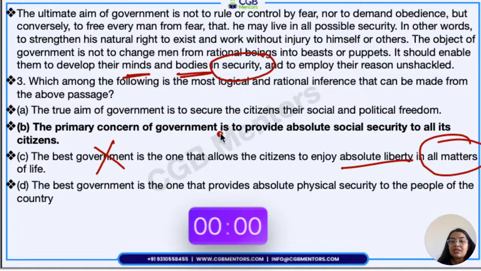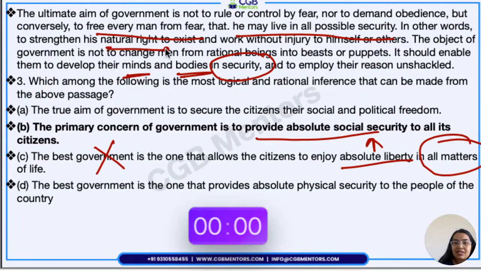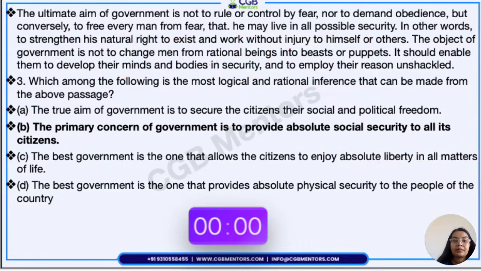The primary concern is to provide absolute social security that relates to mind and body, and also in the beginning we get to see he may live in all possible security, to all its citizens. सबके लिए है वो, तो all its citizens में problem नहीं था, but we can see very well हम natural rights की बात कर रहे हैं, to exist and work without injury, so that relates to the social security part. लेकिन all matters बोल देना ज़्यादा broad कर देना हो जाएगा उसे, and that's why B answer है.